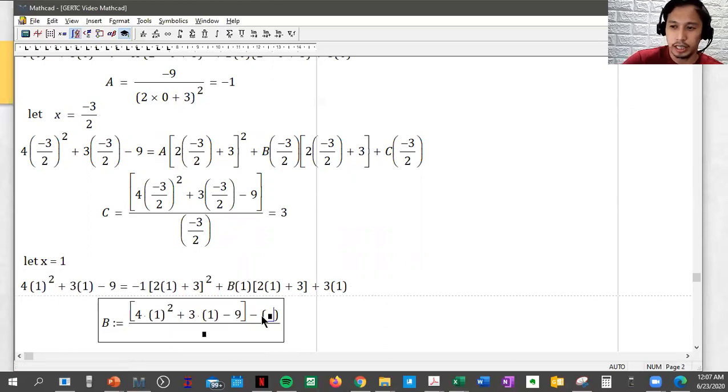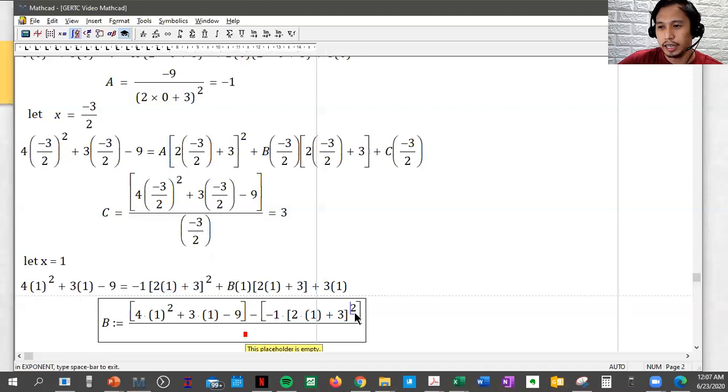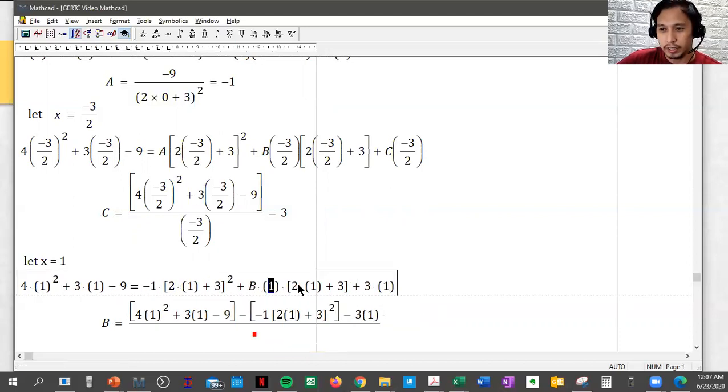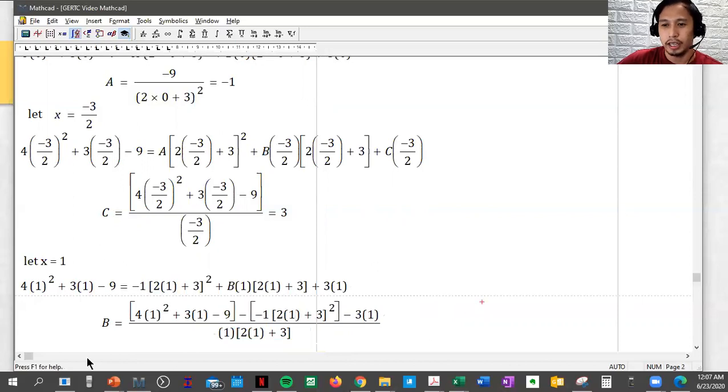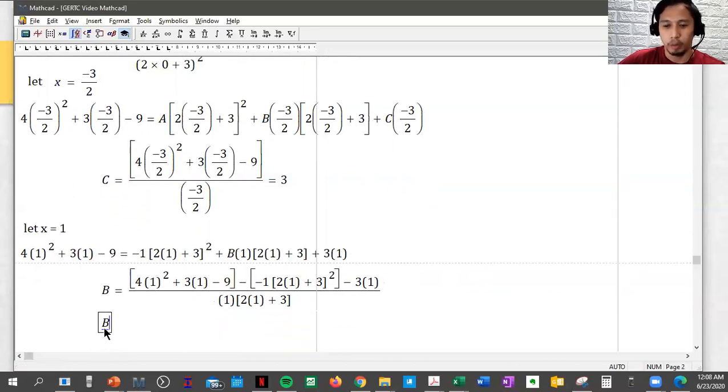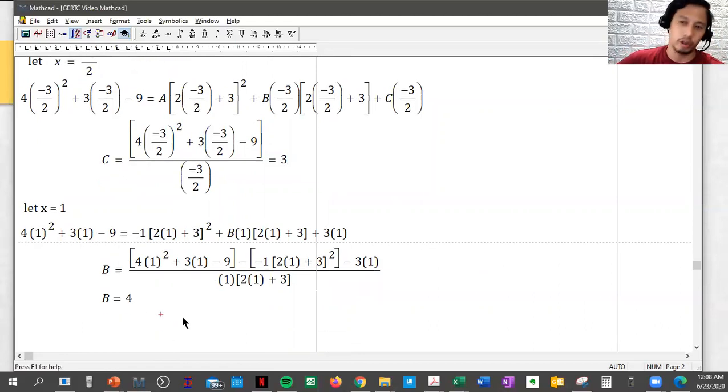So minus this, okay? Then subtract din natin ito, this constant. And over this, okay, I think kita nyo ano yung ibig ko sabihin, di ba? Transfer this to the other side and solve for b by dividing both sides by this. Solving for b, you may evaluate that using your calculator, but dito that is equal to 4. So b is 4.